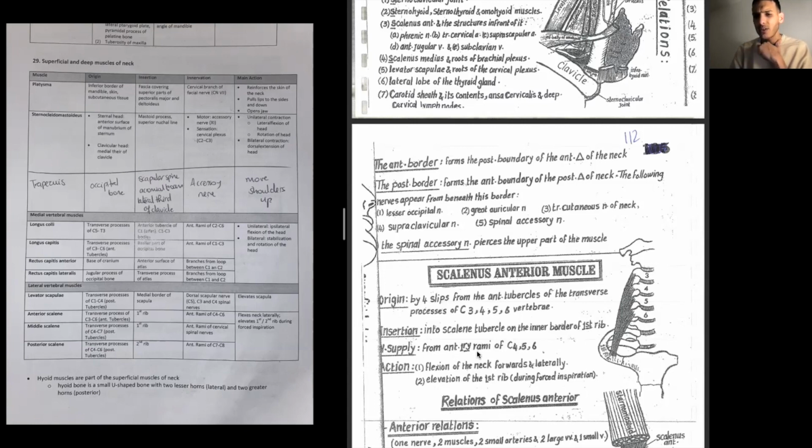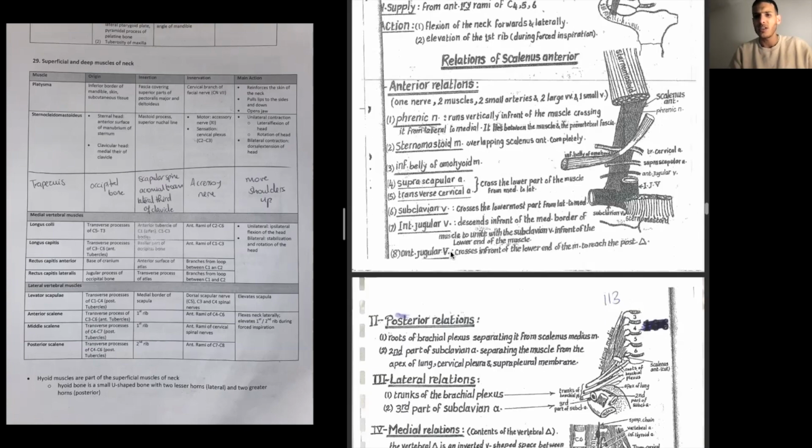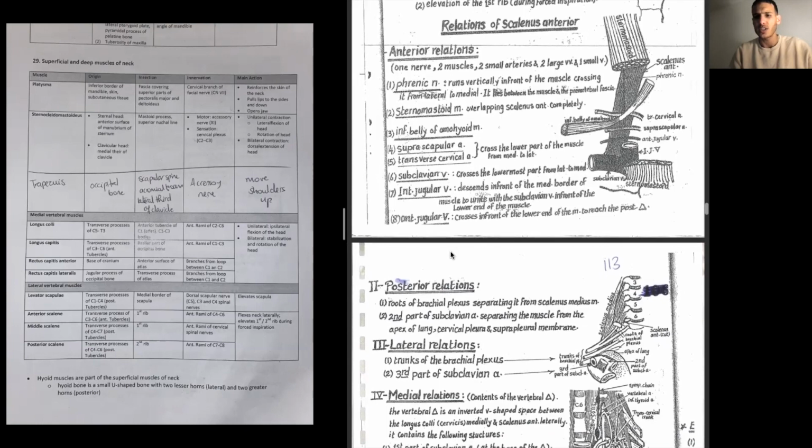Nerve supply is from the anterior rami of C4, C5, and C6. Action: flexion of the neck forwards and laterally, and elevation of the rib during forced inspiration. So scalene muscles help in getting the ribs upwards for inhalation. You can also read about the relations right here for the anterior scalene.